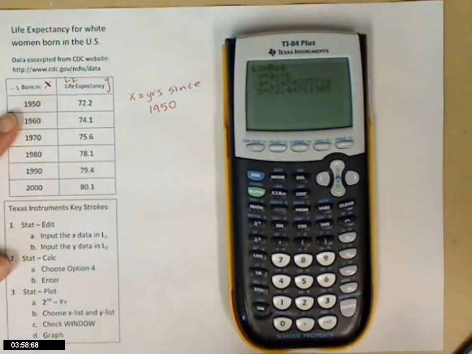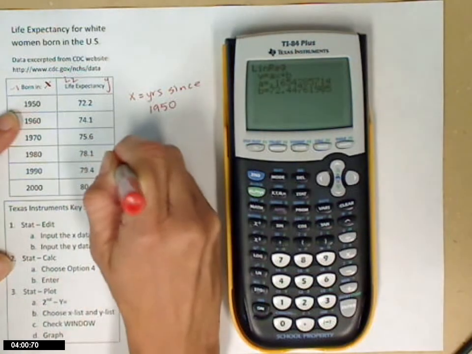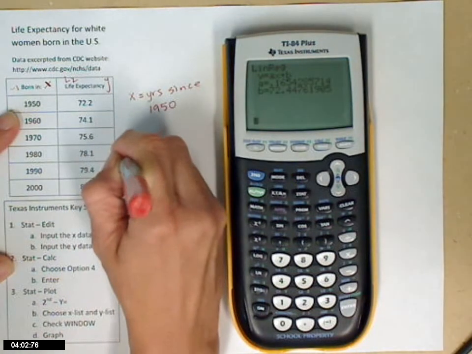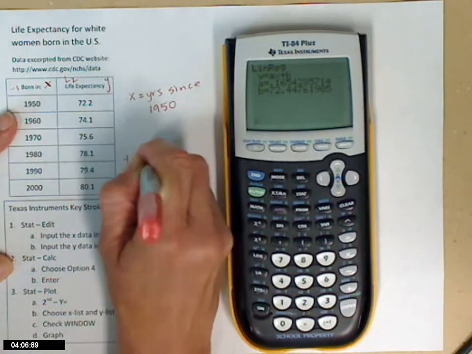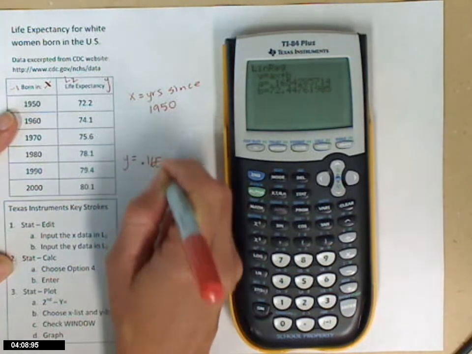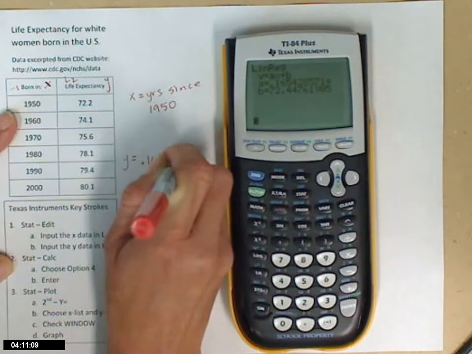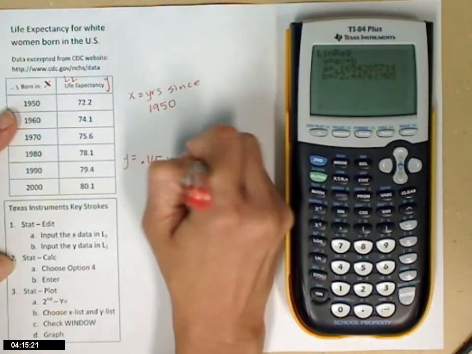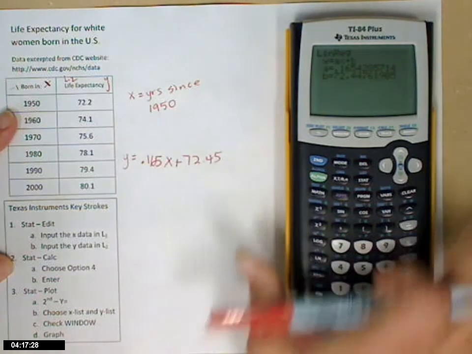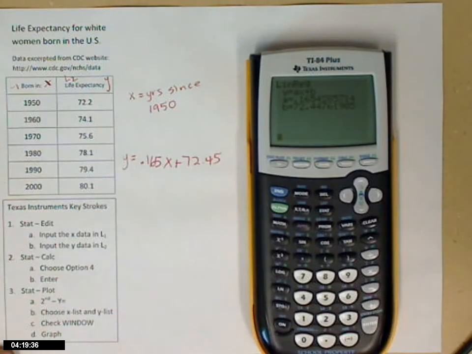And there's that equation I was looking for. The line that best fits this data: y equals 0.165x plus 72.45. So that's the linear regression.